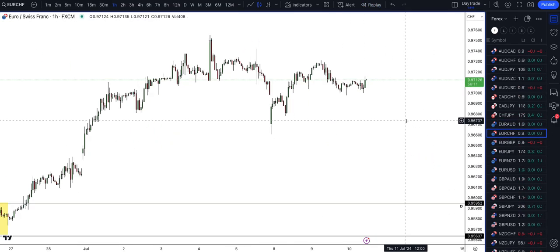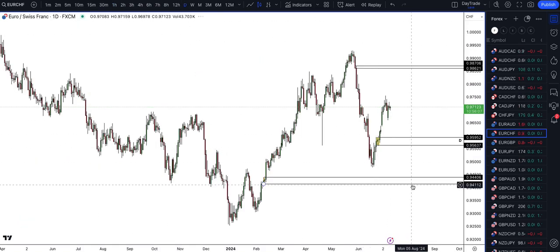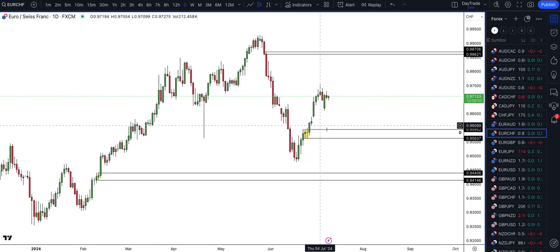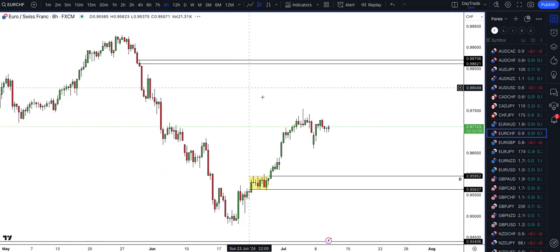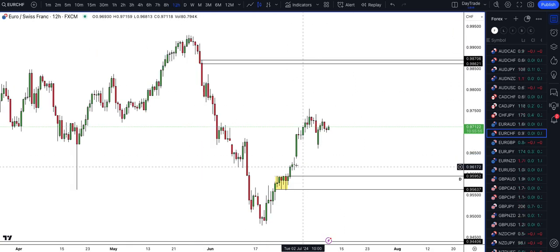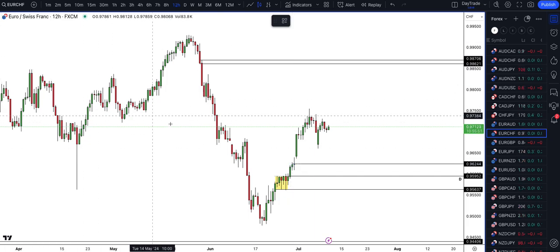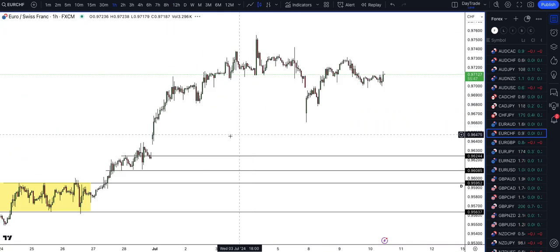Okay, to Euro Swiss. This zone here, the daily, strong daily zone. We'll look for price to retrace into that and then take that buy. I was looking at this zone earlier as well. 12-hour zone. So I'm going to the hourly time frame.